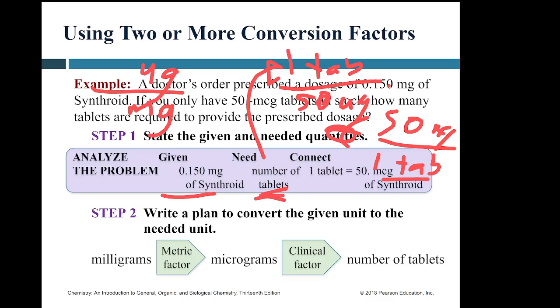Now, I personally prefer relating all prefixes back to the base unit. So for example, if this was me doing this, I would ask, how many of these are there for a gram? And I just put that in both places. So micrograms, there's 10 to the 6th of these for 1 gram.